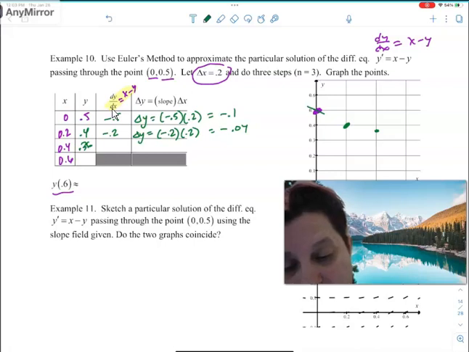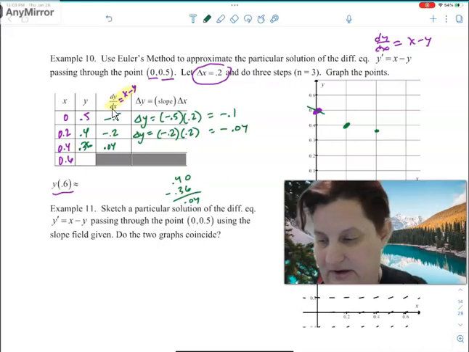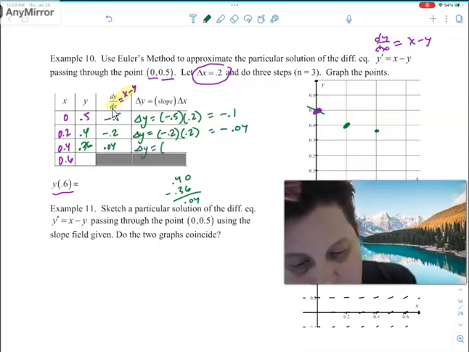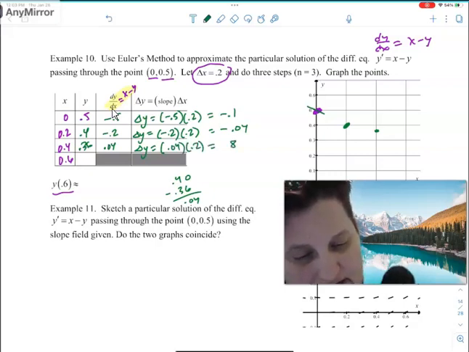All right. Then my derivative is x minus y. So 0.4 minus 0.36 is 0.04. Oh, and this time it's actually positive. So delta y is going to be 0.04 times 0.2. 4 times 2 is 8, and then I have to move the decimal 1, 2, 3 times.